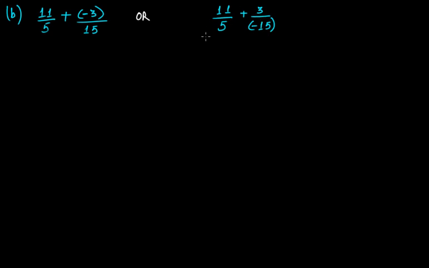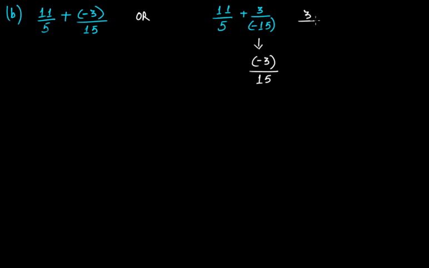So, whenever we see such a situation where we have a negative sign in the denominator, first you write this 3 over minus 15 as minus 3 over 15. And when you are writing this in examination, you'll have to show the steps of how you do this. So I'll show you the steps here.